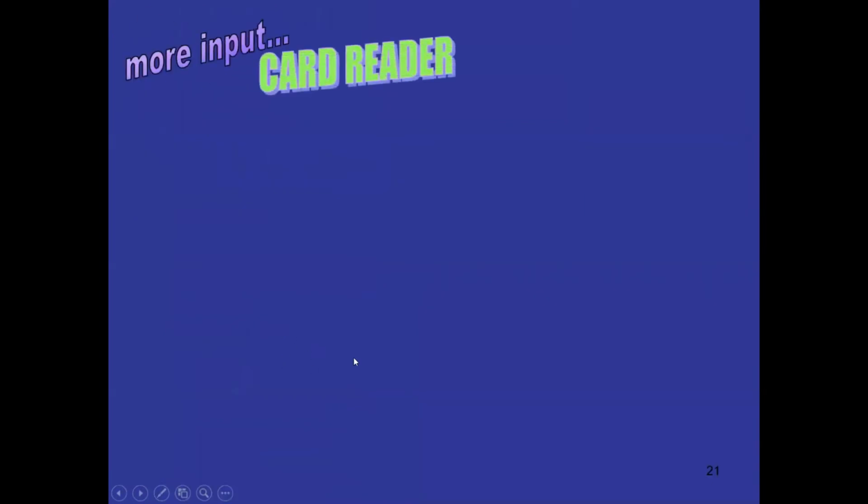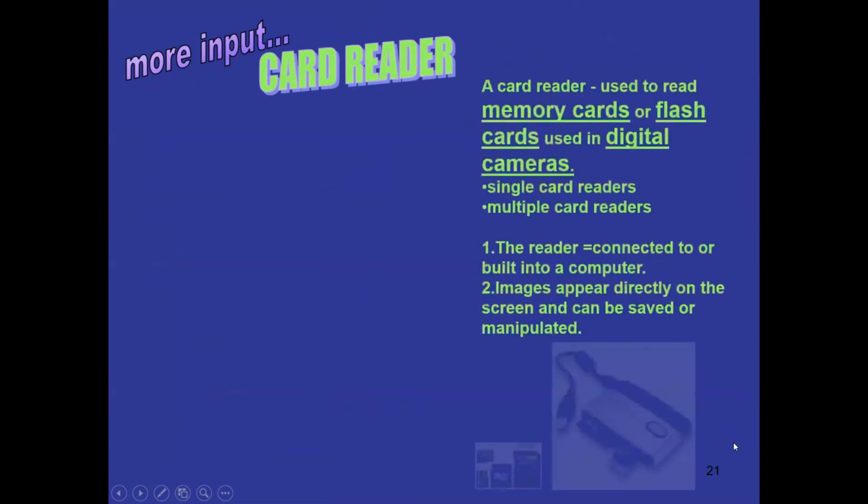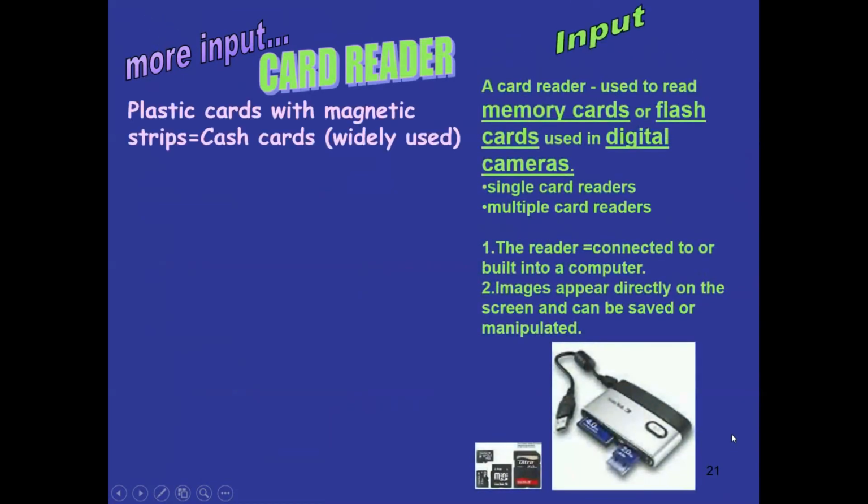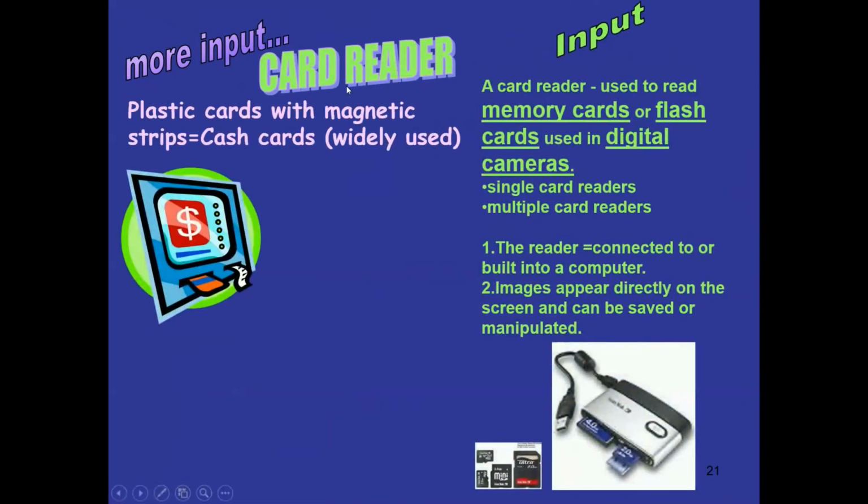More input devices. Now this one is quite interesting because I think you will learn something. The card reader, not the card itself, the card reader is the input device. What does it read? Plastic cards with magnetic strips. You know, at the back of the card, there's this brown strip.